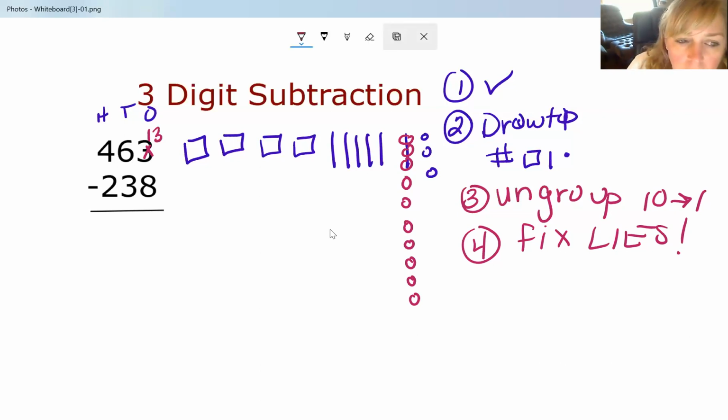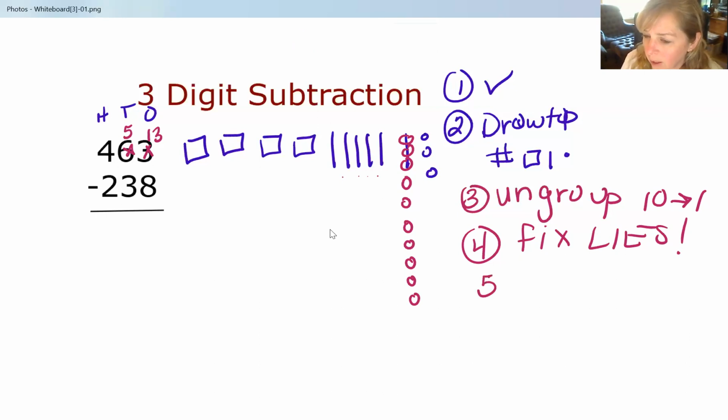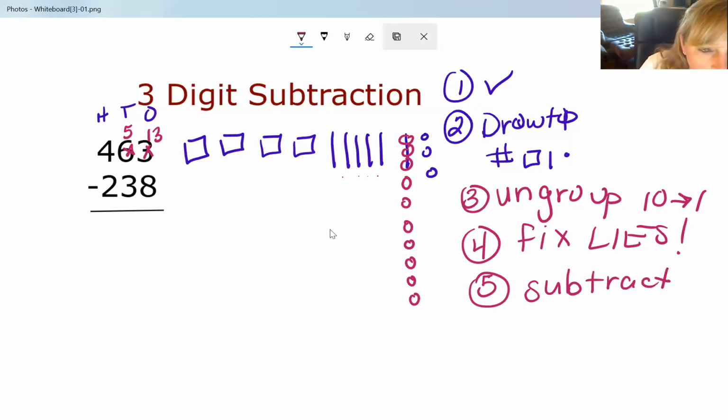Now we did have 6. 1, 2, 3, 4, 5. This says 6. Fix that lie. It's 5. Now that we've ungrouped, we fixed our lies, we can go ahead and subtract. We have 13 minus 8.